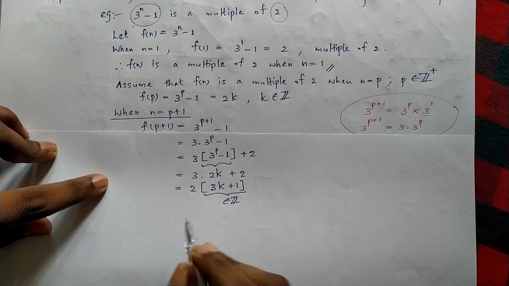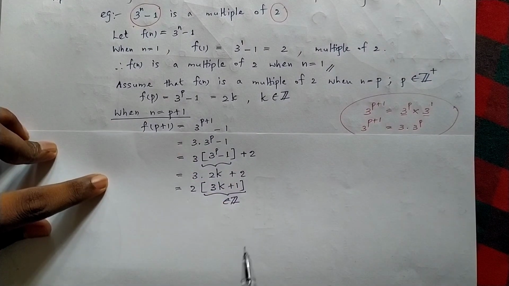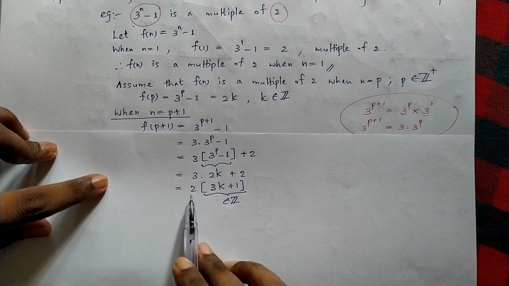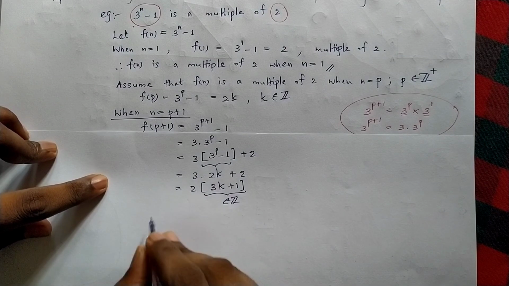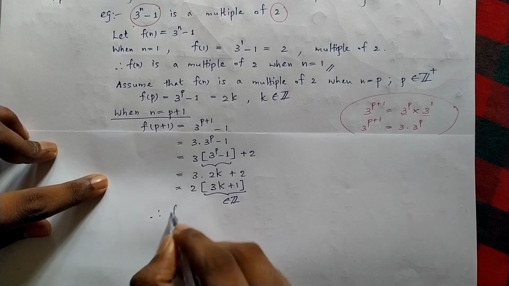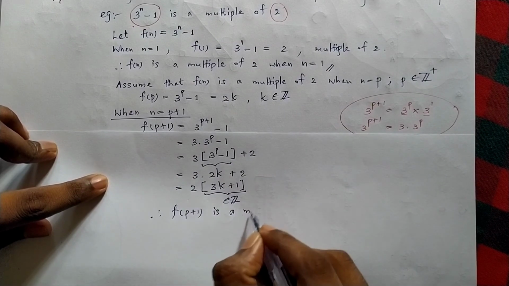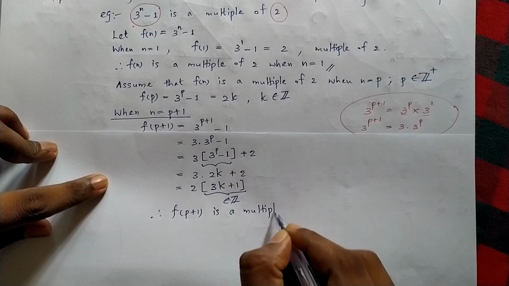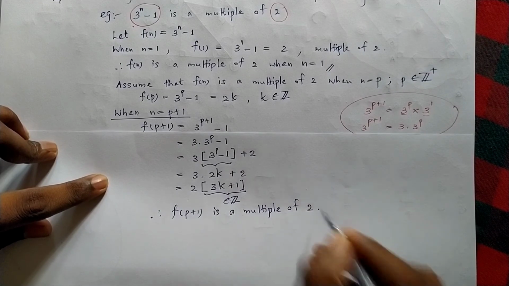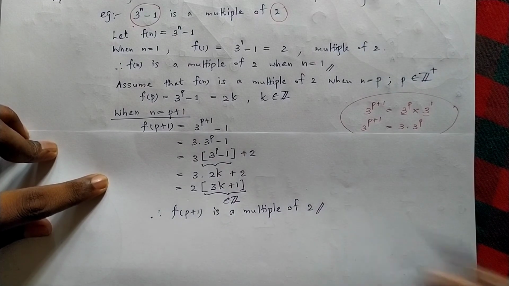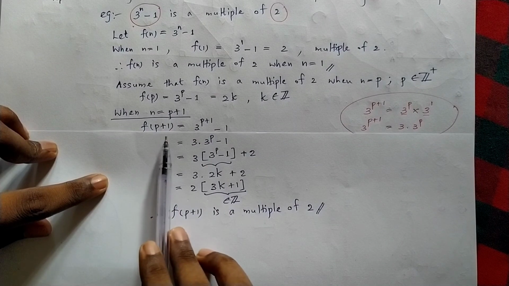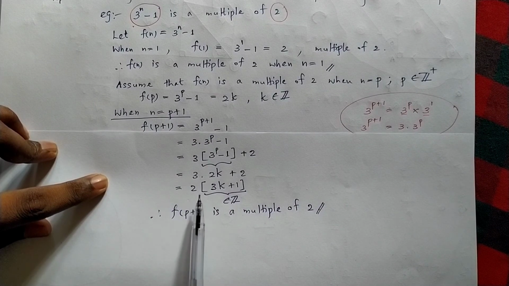Therefore, f of p plus 1 is written as 2 times an integer. 2 times an integer means f of p plus 1 is a multiple of 2.